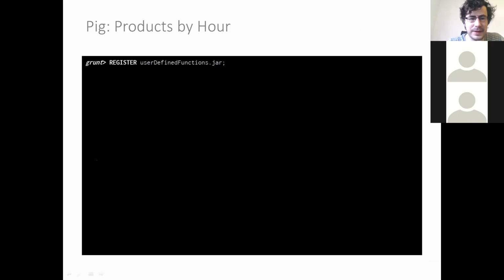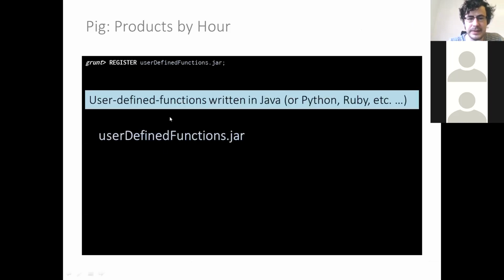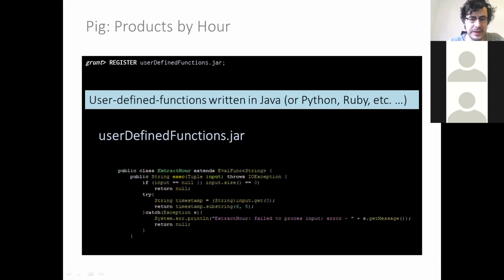The first thing, which you will not always need in Pig, is that we can define a list of functions that we can use in our Pig script. These can be user-defined functions written in Java or Python or Ruby or whatever, but in this case, we'll assume Java. You implement a class that extends a certain class defined by the Pig library that you'll need to import.